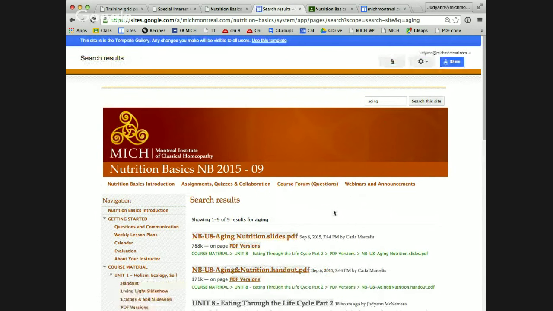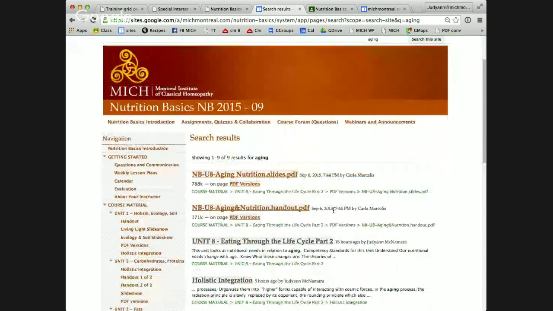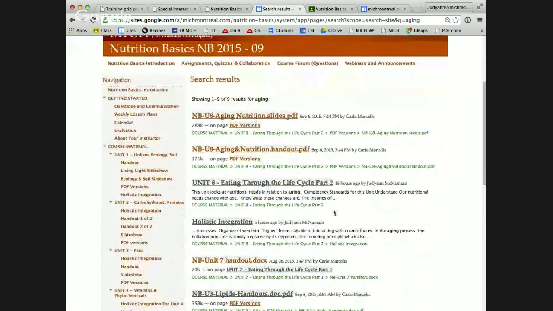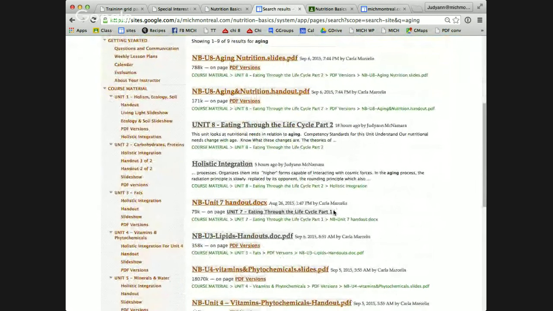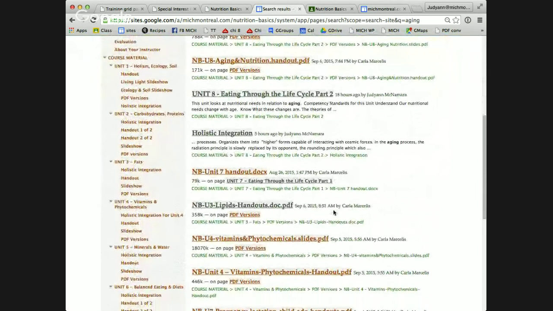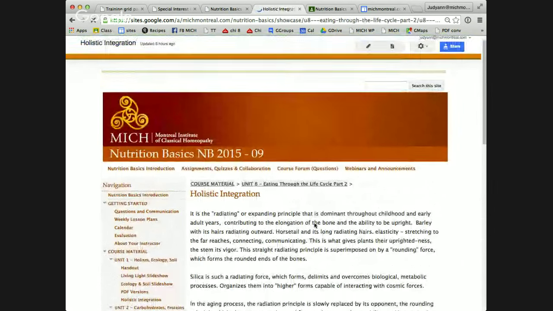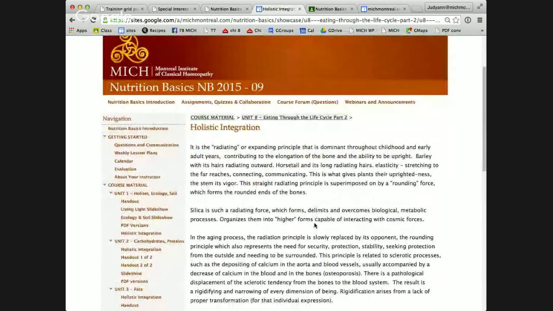it searches the whole site. So in other words, all of the documentation, the slideshows, the links, the references for that subject. And depending on your interest, depending on your particular question, you can take a look.